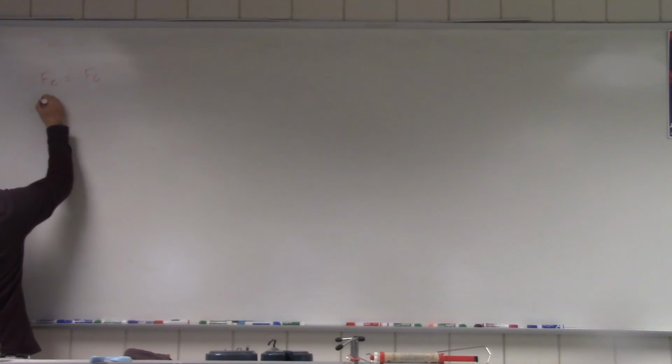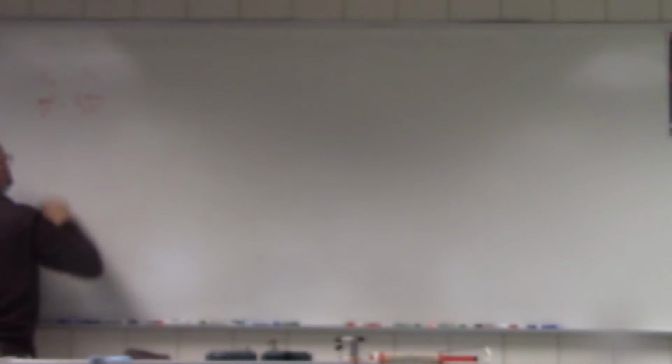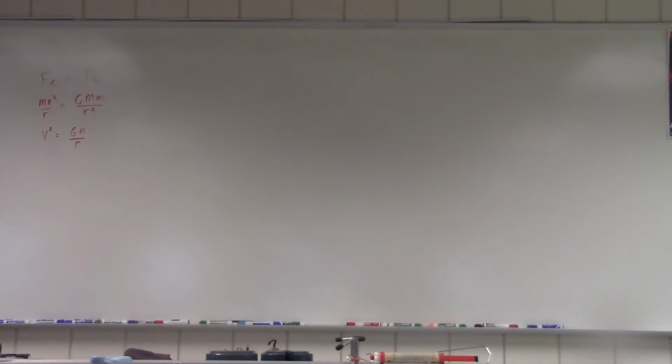Which means that mv squared over r is equal to GMm all over r squared. So v squared is equal to GM all over r, where r is the orbital radius. Is that cool?